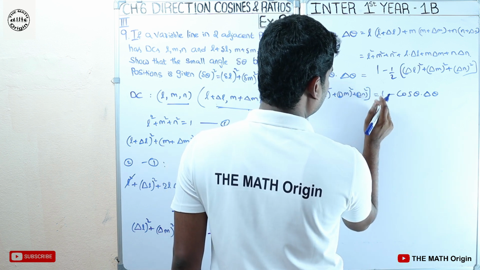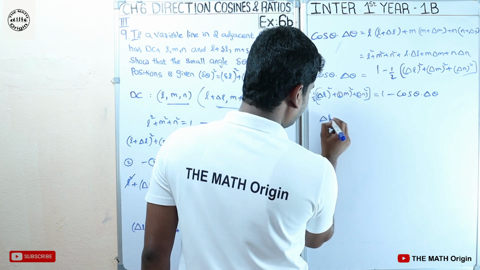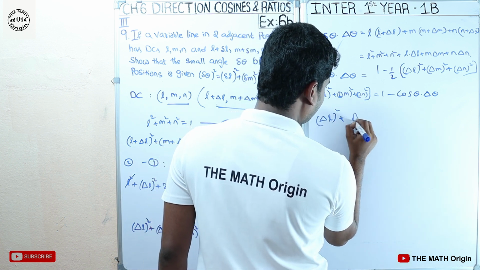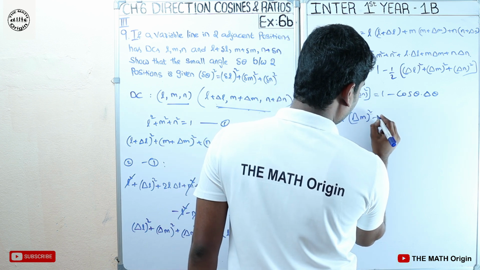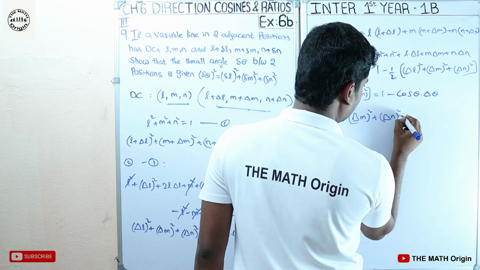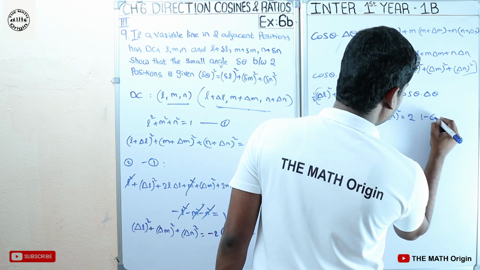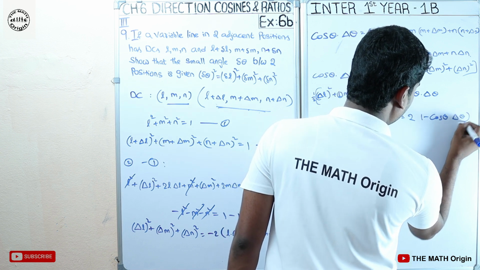Therefore delta L square plus delta M square plus delta N square is equal to 2 into (1 minus cos theta) delta theta.